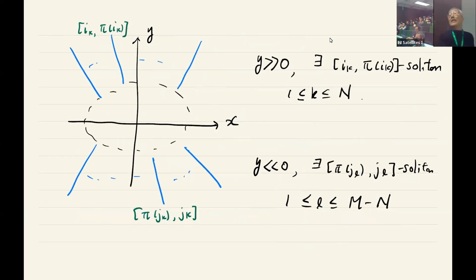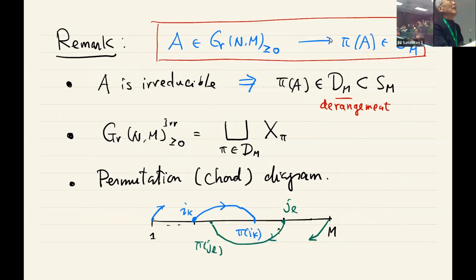The picture is like this. Inside there are a lot of interactions, which consist of X and trivalent vertices, and those things disappear. Okay, so this is a picture, just remember.